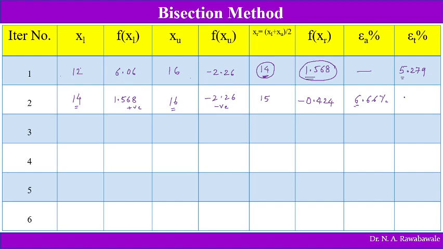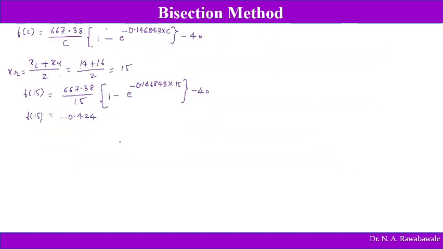Now true error we can find out. So now new approximation is 15. So to find out true error, true value is 14.7802 minus new approximation 15, divided by 14.7802 into 100.